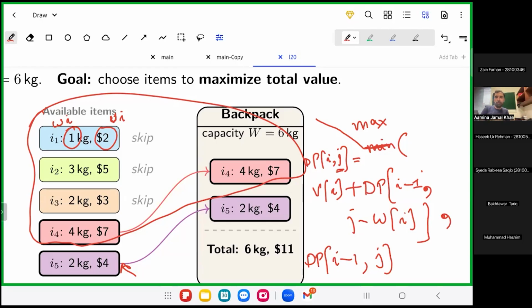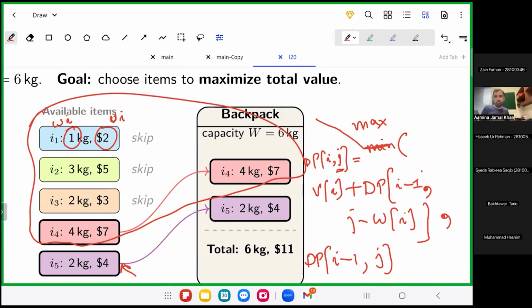Why I minus 1? So DP of I means that you are allowed to pick items from the list 1 through I. DP of I minus 1 means that you are allowed items from 1 to I minus 1. You're not allowed the ith item now because you decided not to pick the ith item.